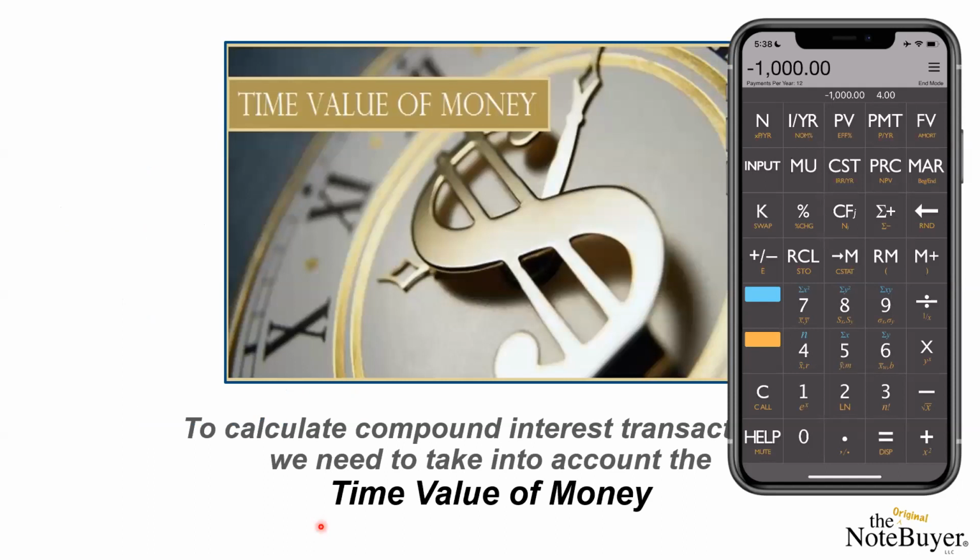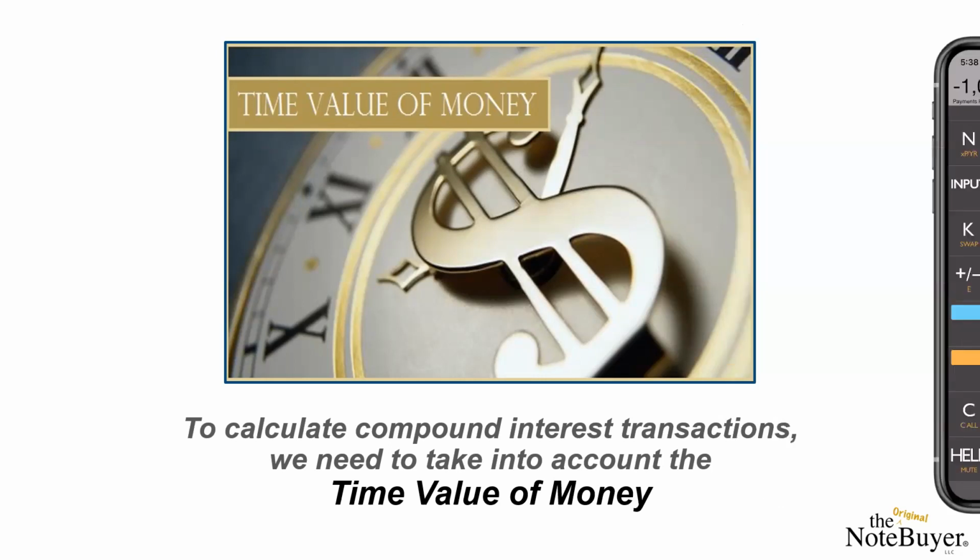All righty. So I want to take just a couple minutes before we get started on some sample calculations, and I want to talk about the time value of money. The time value of money is what we use to calculate our compound interest transactions.